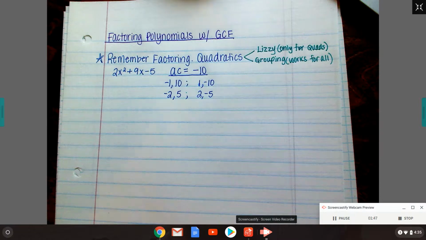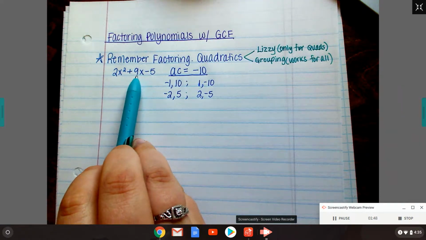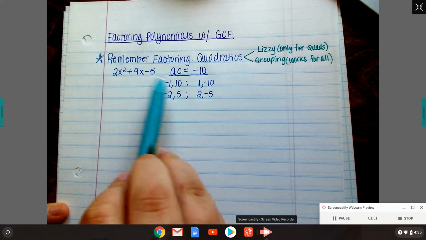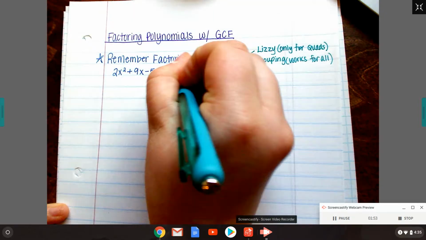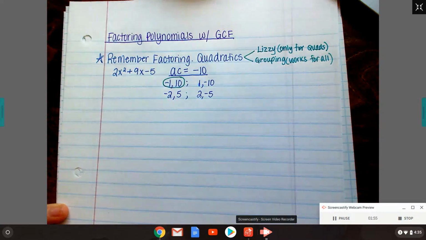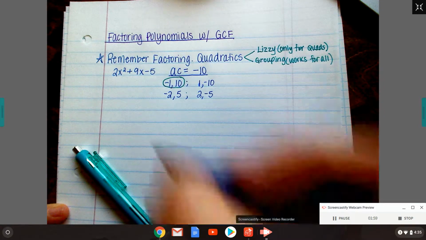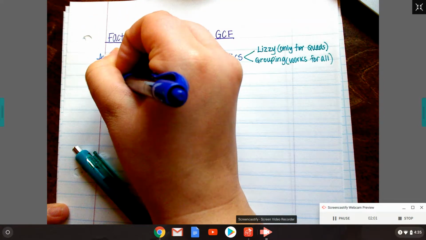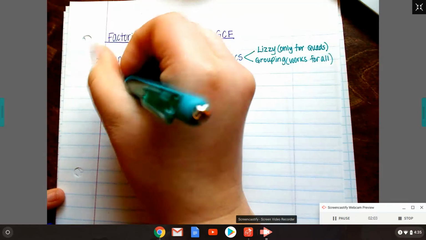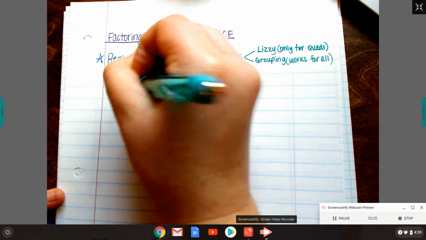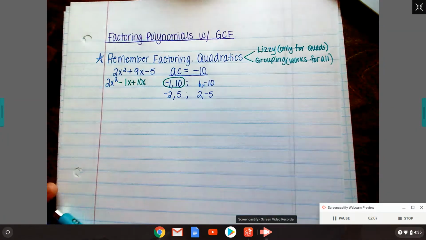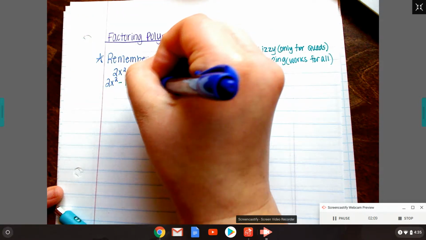Now, looking back at our problem, I want these to add to 9. So the only one that adds to 9 is the very first one, actually. So we'll use that in place of 9x. So how we'll write it is we'll have 2x squared, and instead of 9x, we'll have negative 1x plus 10x. You can see that those equal out.